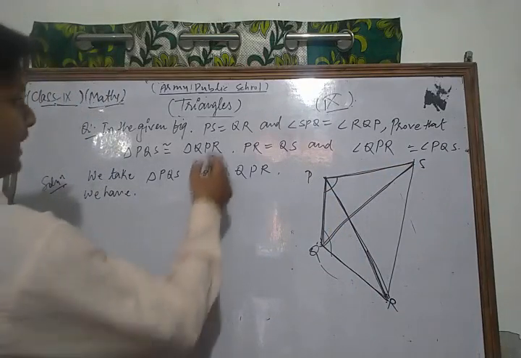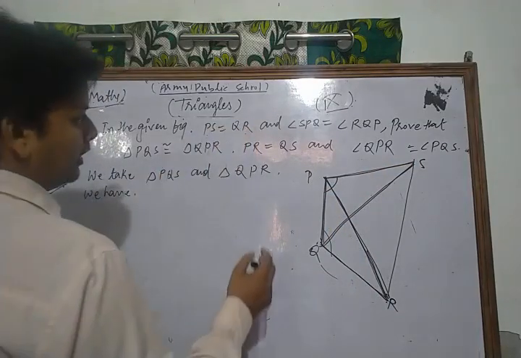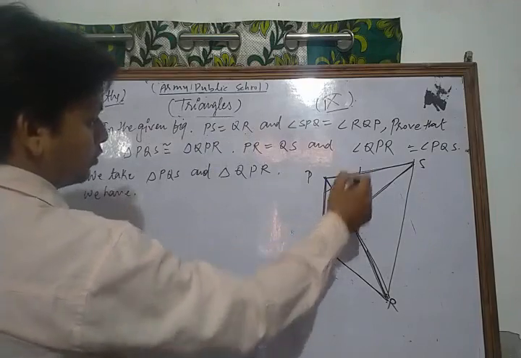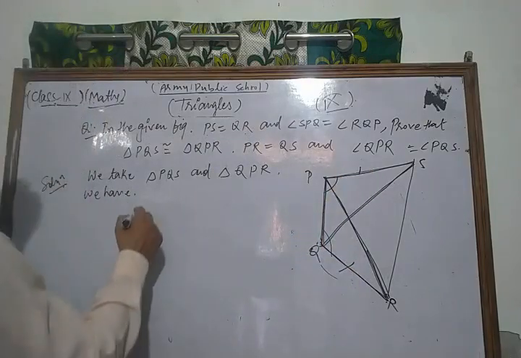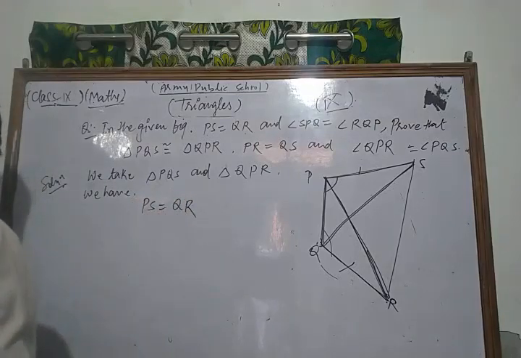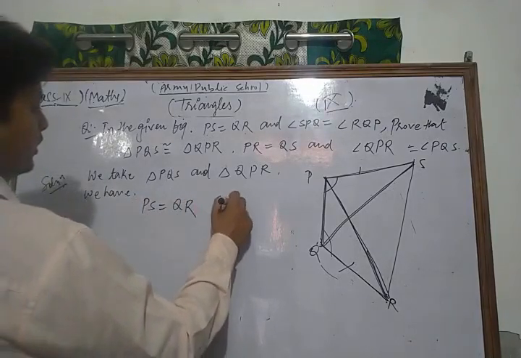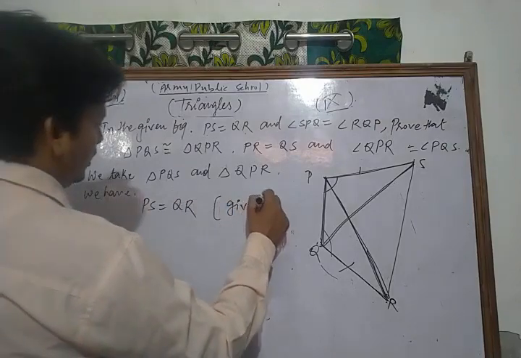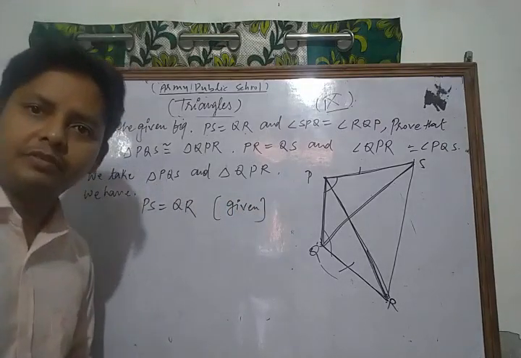Now, in triangles PQS and QPR, we have side PS equal to QR, which is given in our question.